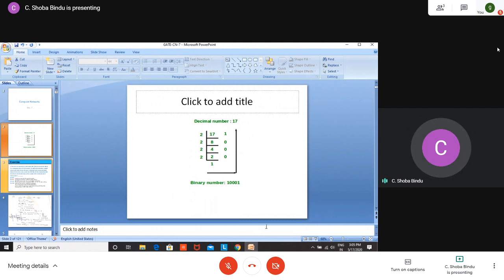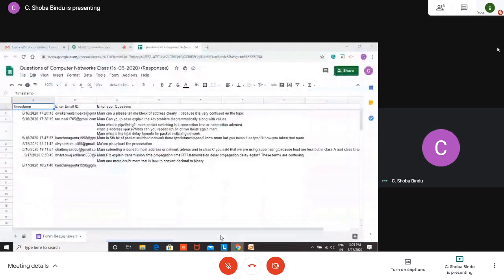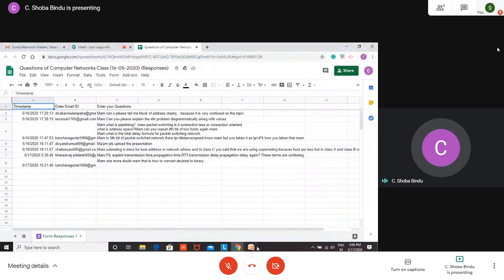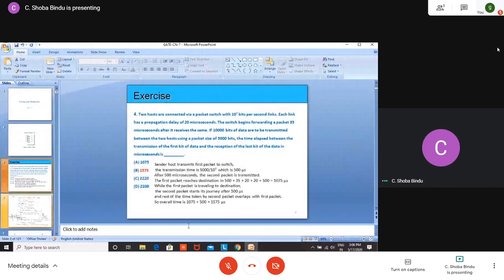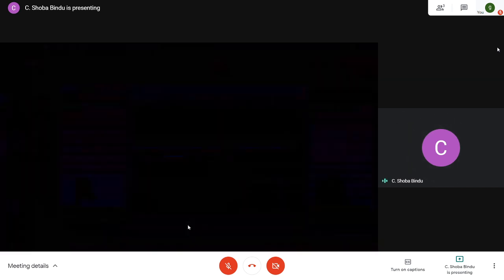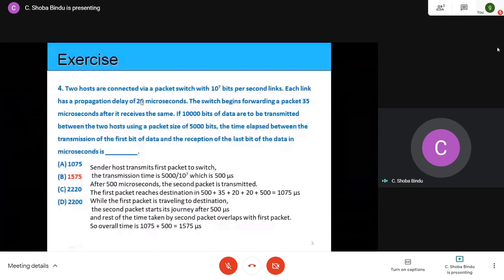The other question was on the fourth problem, problem 4, that has been asked. So I'll just refer to this. Again, I'll repeat this fourth question. Two hosts are connected via a packet switch with 10 to the power of 7 bits per second links.